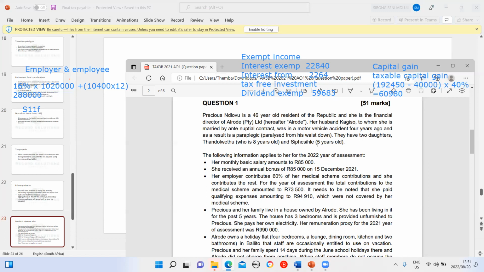So she had this medical aid for four beneficiaries including herself, and excluding herself, three dependents.